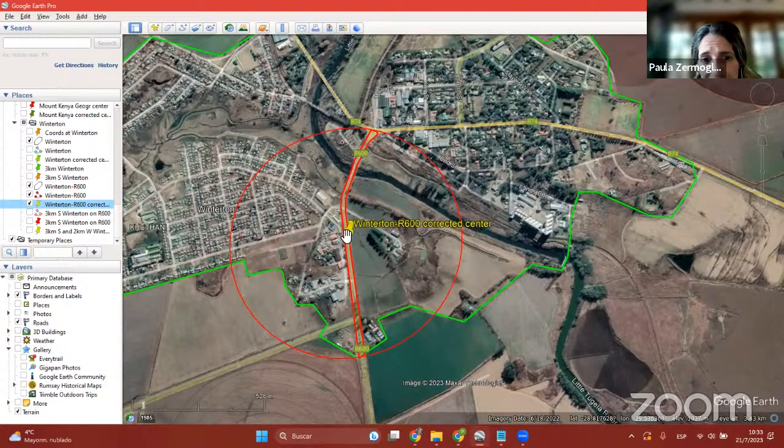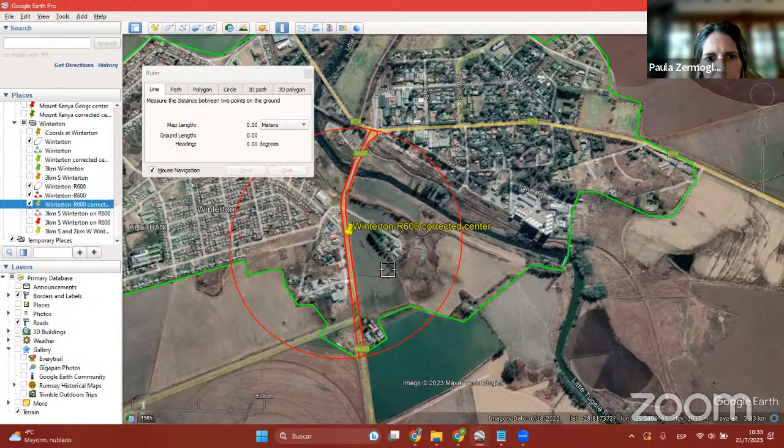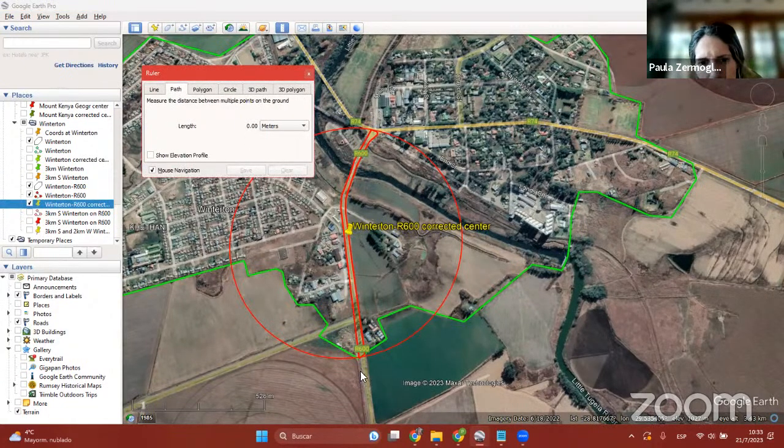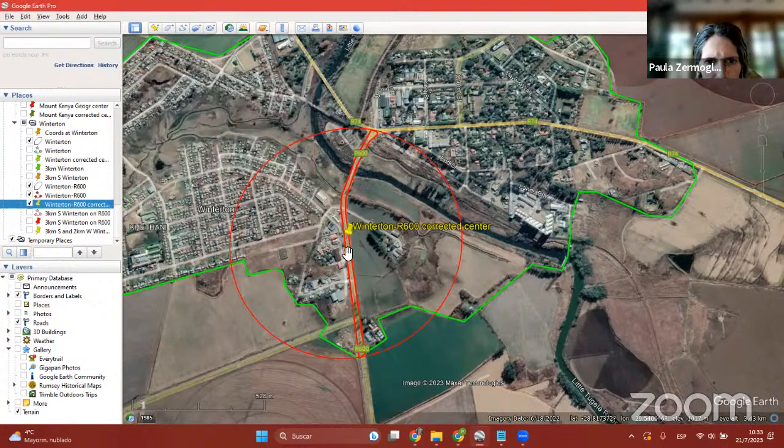Now from that center, we can start measuring on the route the 3 kilometers. And so we will get our ruler here, go to path and start clicking all over the route until we reach 3 kilometers. And so I have already drawn that.